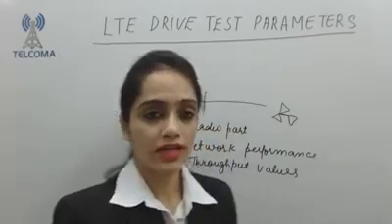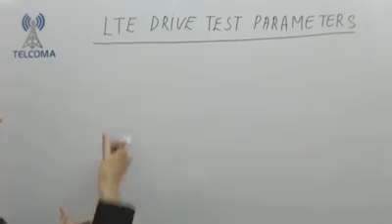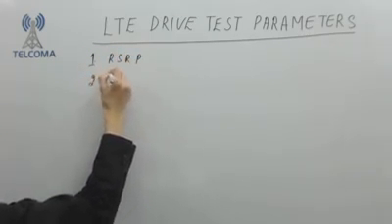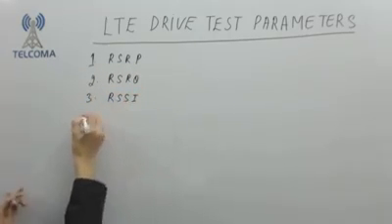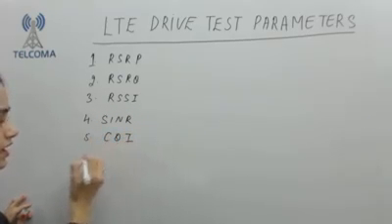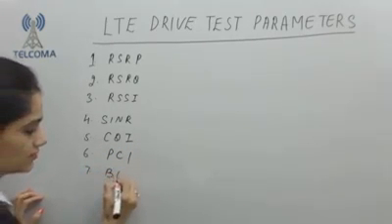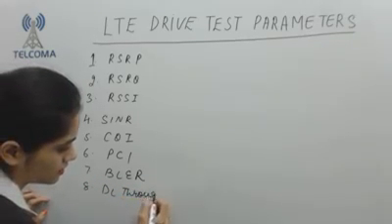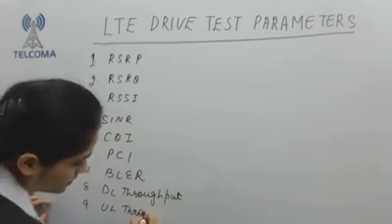In LTE, the various parameters which will decide my good network performance are RSRP, then we have RSRQ, RSSI, SINR, CQI, then we have PCI, BLER, downlink throughput, and uplink throughput.